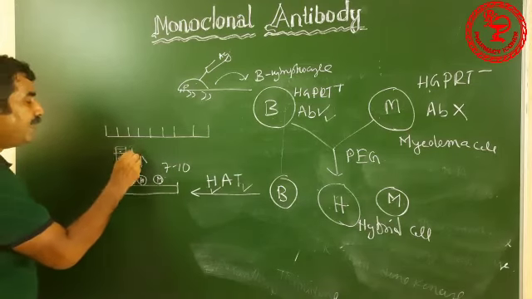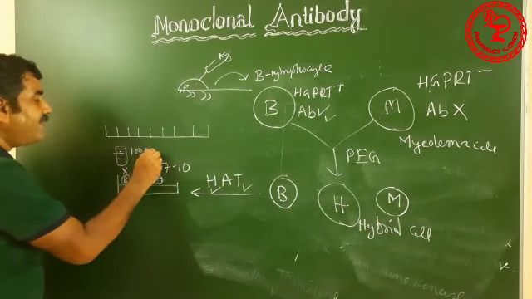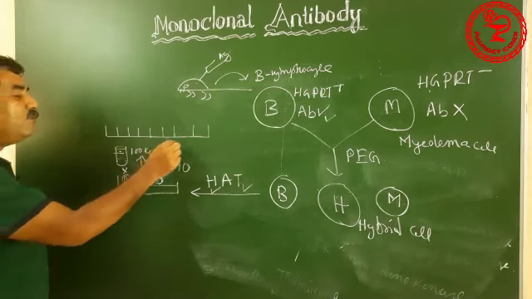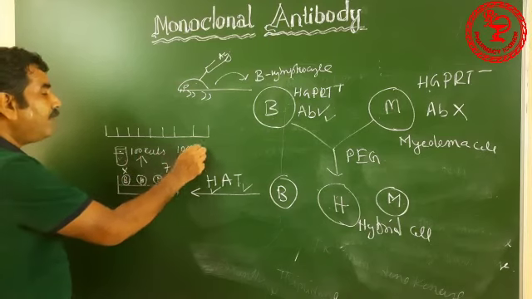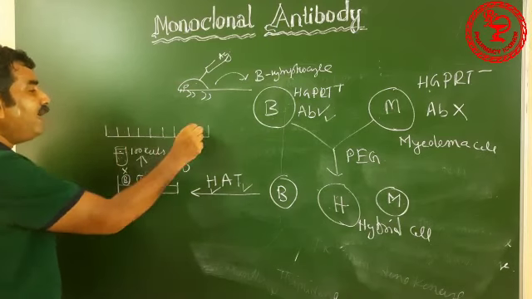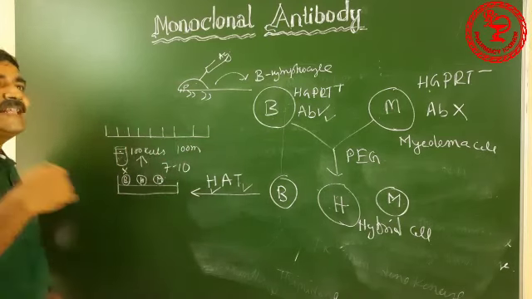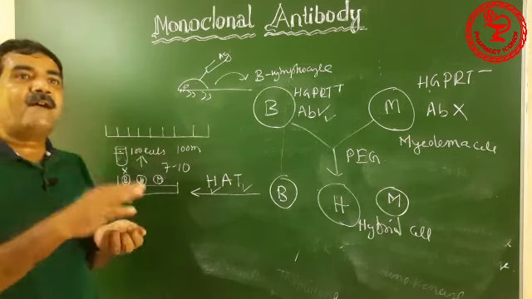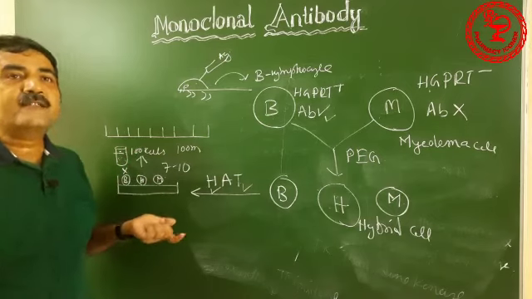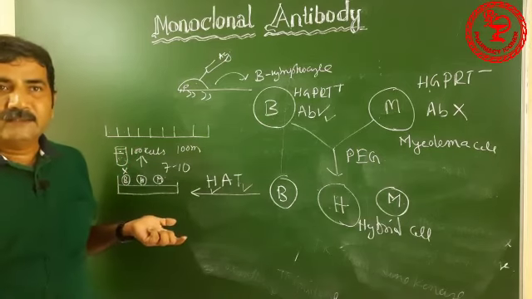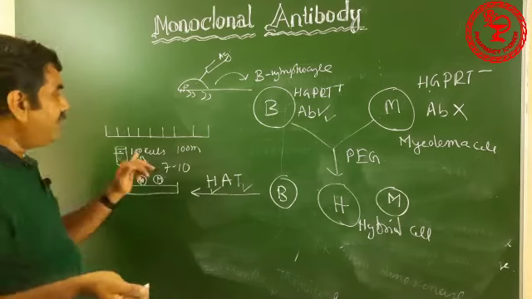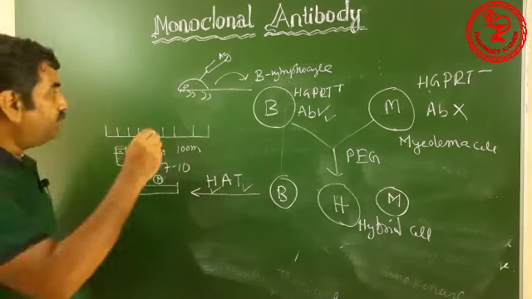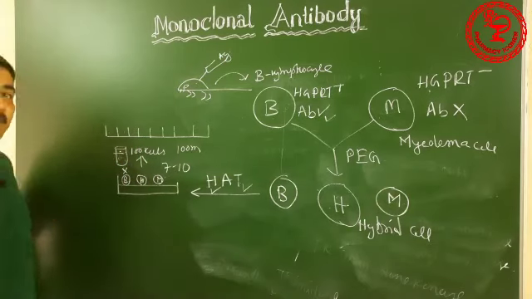Suppose there are 100 surviving cells. So we have to dilute it to 100 ml, and in each well 1 ml should be given, assuming that each ml will have 1 cell. However, some wells may have 2 cells or some may not have any cells. So it should be diluted in such a way that 1 cell is present in each microculture well.